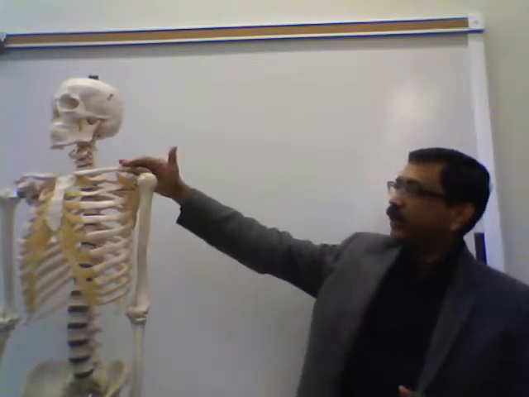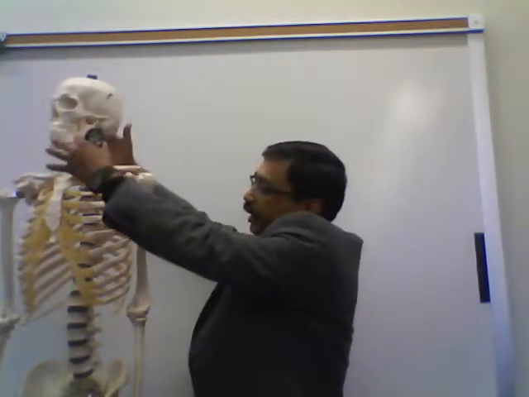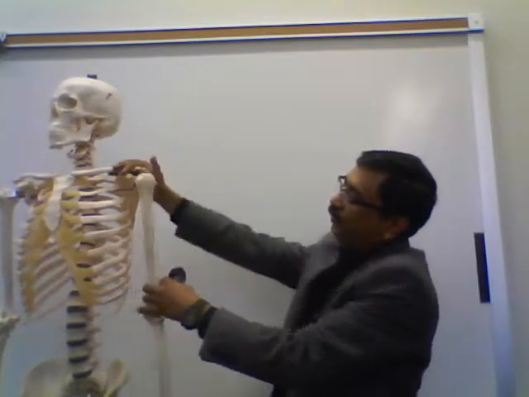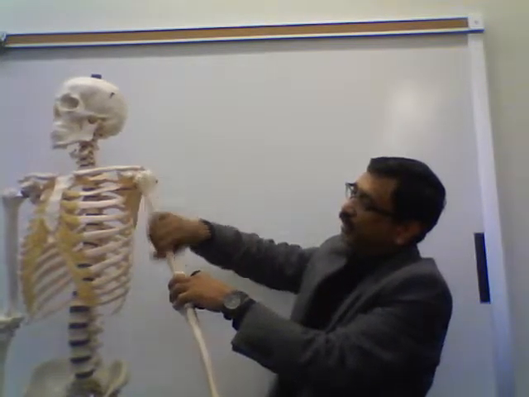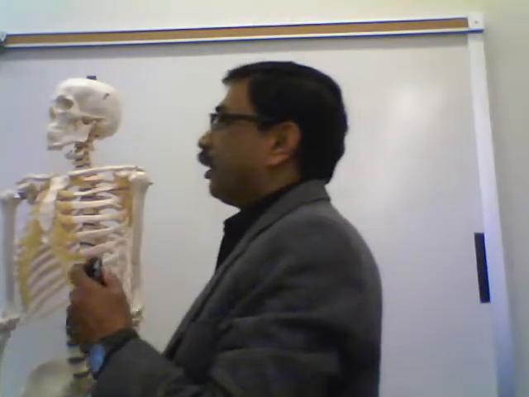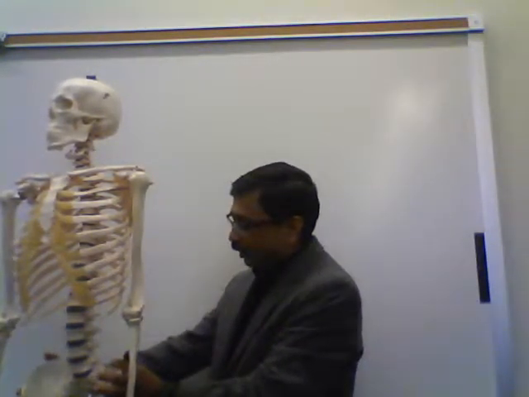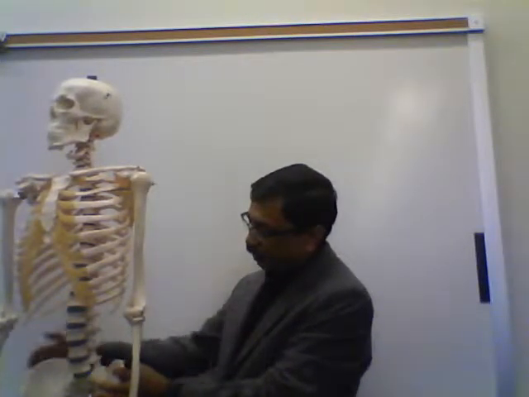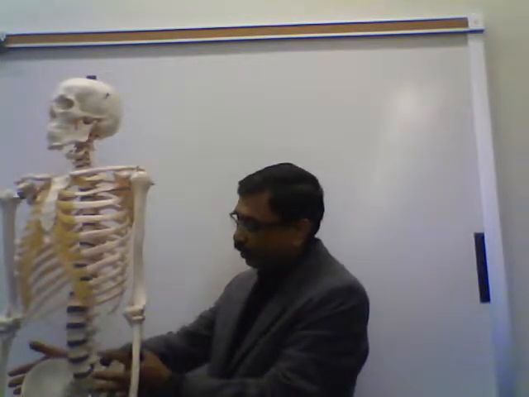You see, the pectoral girdle is attached to the axial skeleton. So it holds the upper limb bones to the axial skeleton. Pelvic girdle, we have only one, and the pelvic girdle consists of two hip bones, or pelvic bones, or coxal bones.